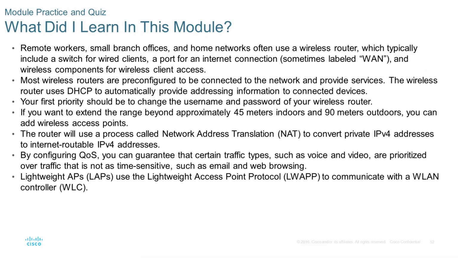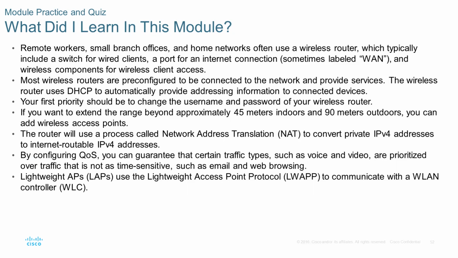All right, so remote workers usually use a composite device that has all these services inbuilt, providing DHCP, switch services, network address translation, quality of service, all in one, and they give you approximately about 40-45 meters indoors and 90 meters outdoors.